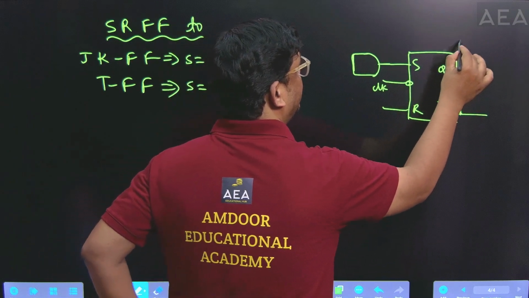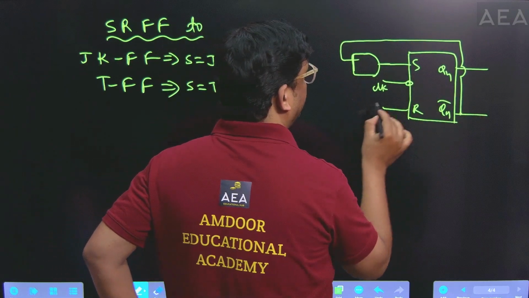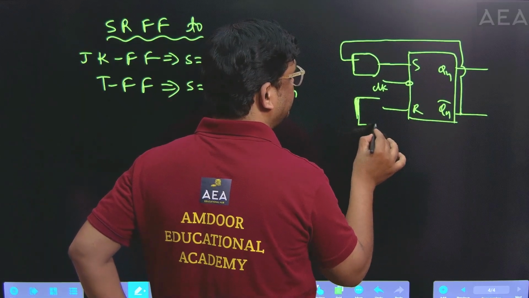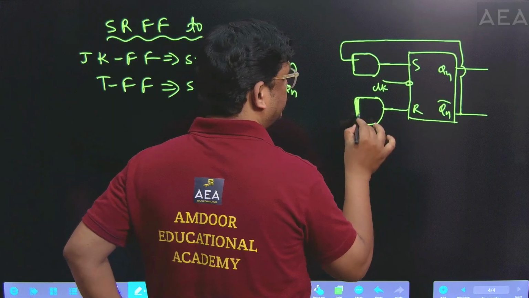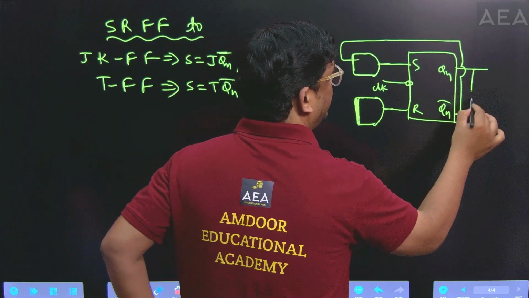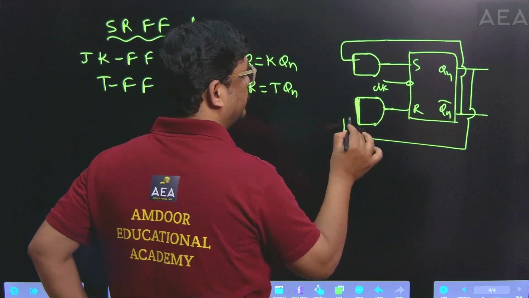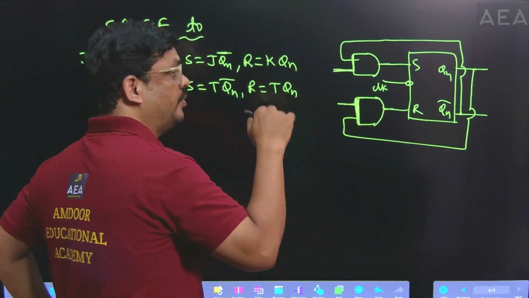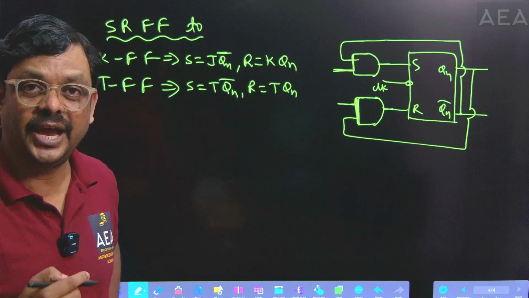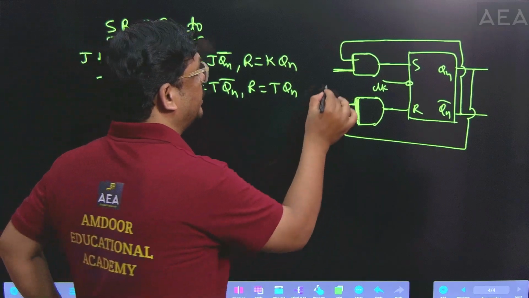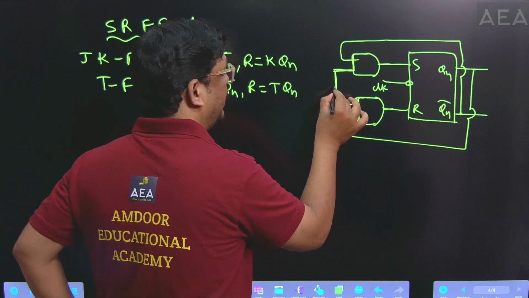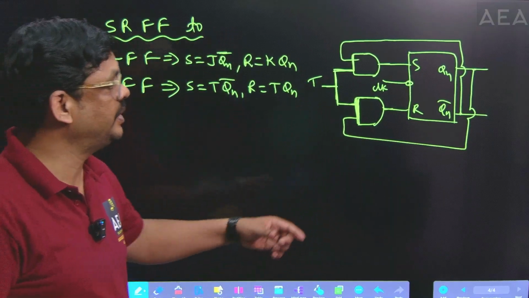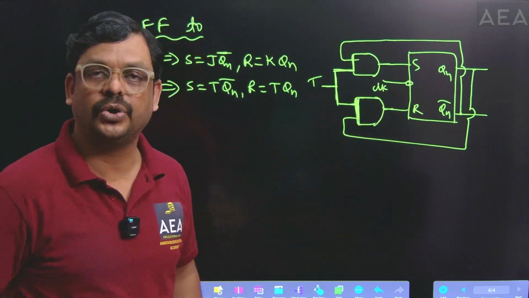QN bar is connected here, and again one more AND gate I'm drawing here. This is an AND gate, right? And this QN is connected here. Here we require the J input and here the K input in the JK flip-flop. If J and K are short circuited, these two act as a T here. Then the conversion is SR flip-flop to toggle flip-flop.